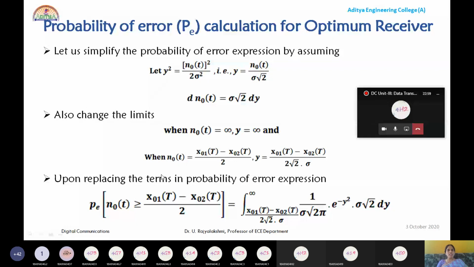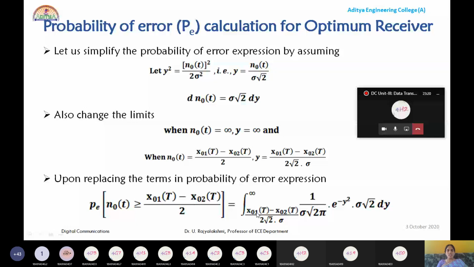Now upon replacing the limits and the expression in the form of y, you can define the corresponding probability of error whenever n naught of t is greater than or equal to the upper decision boundary. What is the upper decision boundary here? x01 of t minus x02 of t divided by 2.